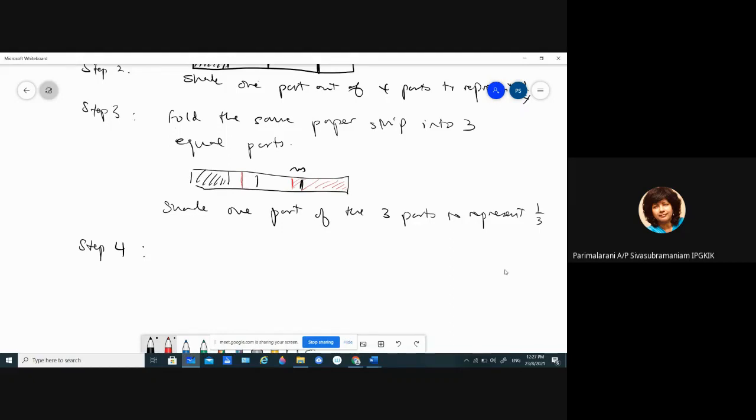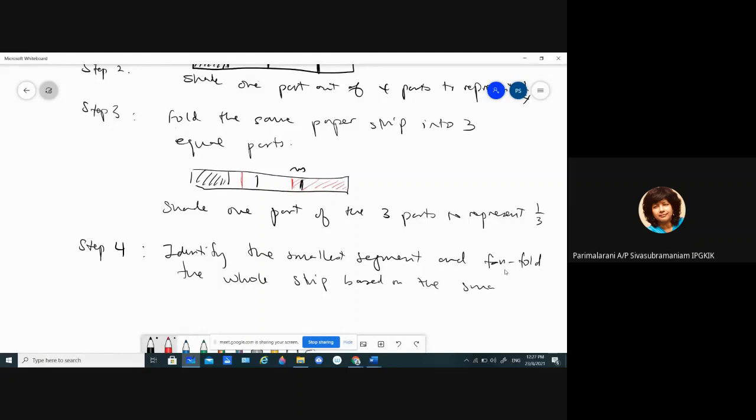Then tell me how many parts you have. 12, yes. You're going to fold the whole thing based on the smallest segment. So now you have 12 parts.